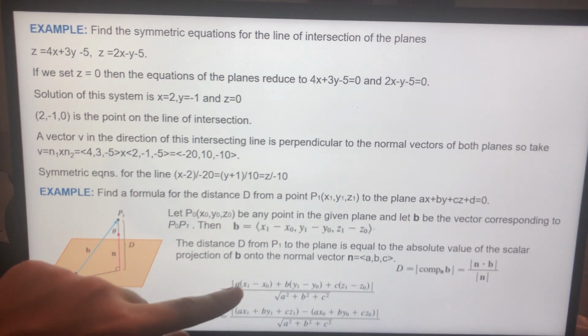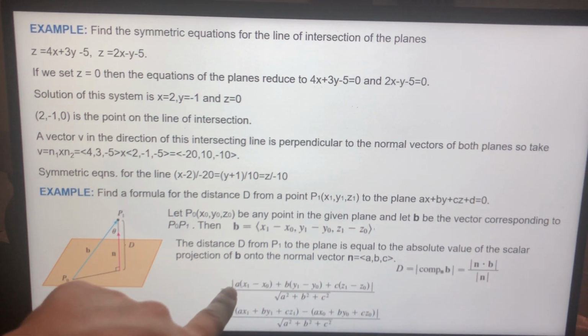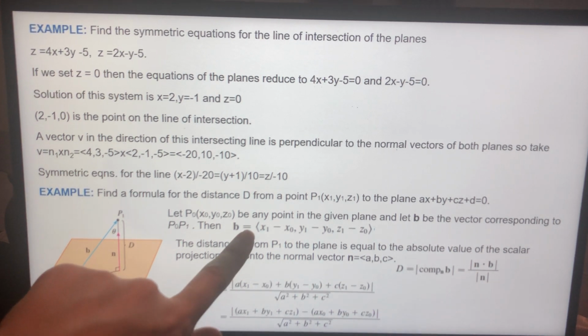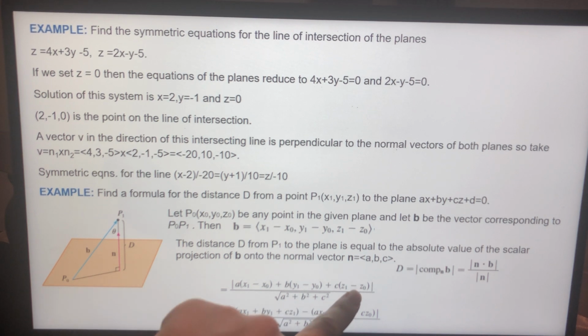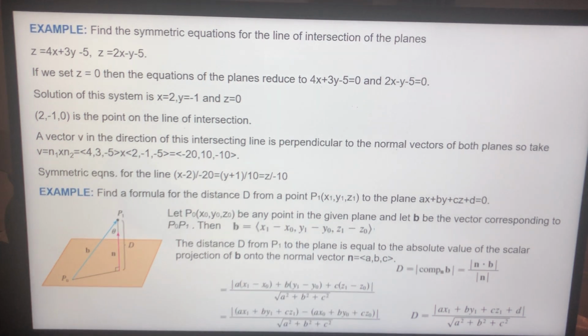And for the plane equation, a(x minus x0), b(y minus y0), c(z minus z0), a, b, c are the normal vector, and b is, as you can see here, x1, y1 and z1 forms of this equation. Once you take the dot product, you are just calculating like that, and the length of n is just the denominator, as you can see. And from this equation, you can find the distance from a point P to the given plane. Okay, here you go. You can use that one.